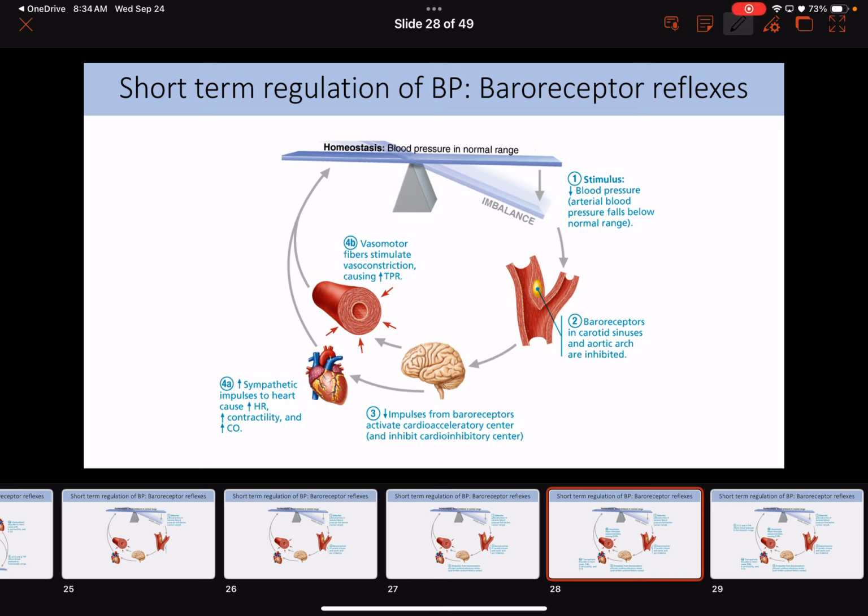At the same time, because we're activating this cardioacceleratory center as well as the vasomotor center, the vessels now constrict. Blood pressure is too low, so we want to constrict these blood vessels to bring the blood pressure back up. Through constricting blood vessels and speeding up the heart through sympathetic activation, this should bring our cardiac output and our overall blood pressure back to normal.